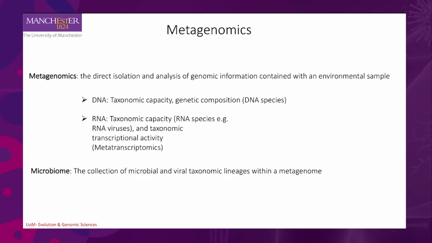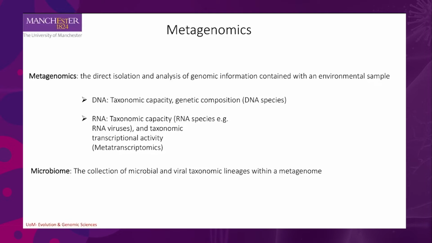And with RNA, we can also get information about the taxonomic capacity. This refers to the RNA species, for example, RNA viruses. But importantly, we can get information about the taxonomic and transcriptional activity. So basically, the genes that are being encoded in the environmental site. And this is called also metatranscriptomics.